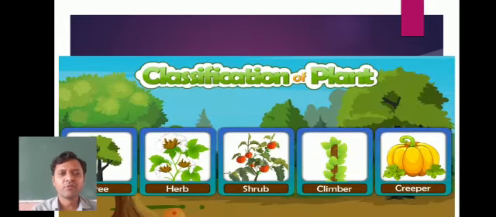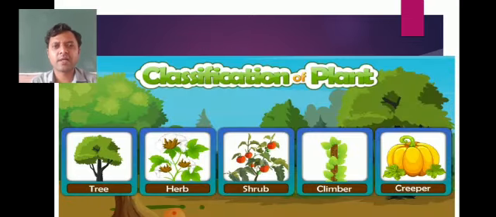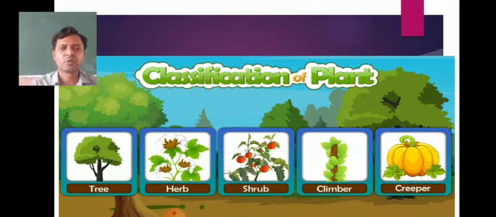First of all, let us see the plants are classified into 5 main types. So the classification of plants is trees, herbs, shrubs, climbers and creepers. You can see the pictures as well.